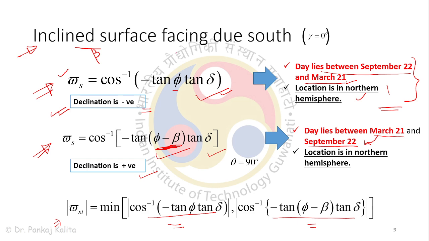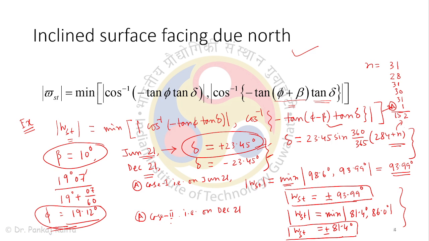Note that phi is your latitude angle, and delta is your declination angle. Omega is your hour angle. And if you don't want to remember this, the minimum of these two parameters you will report as your answer. So this was the example that sir has told in the lecture.